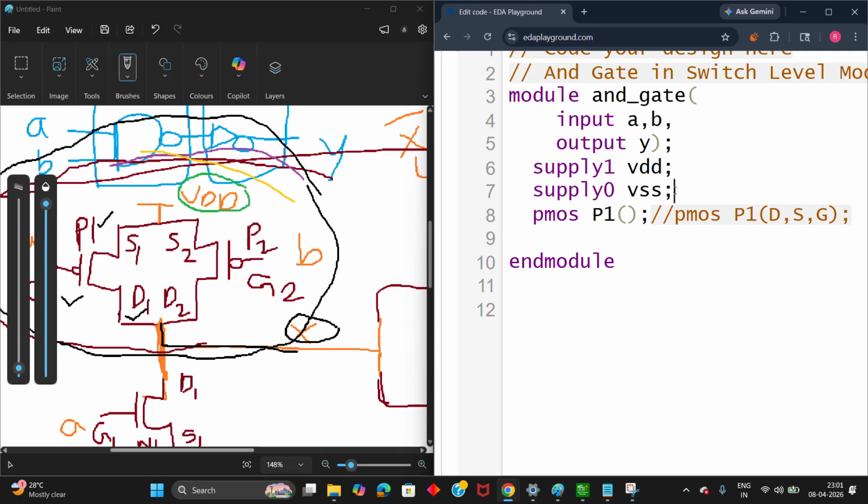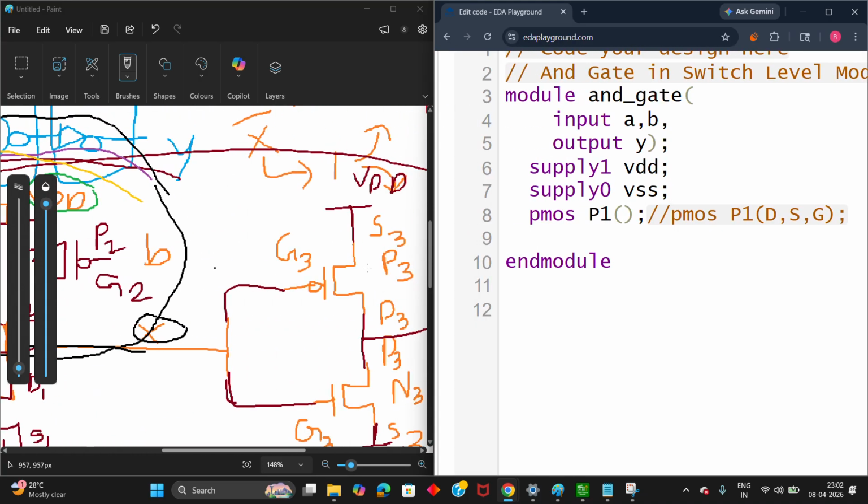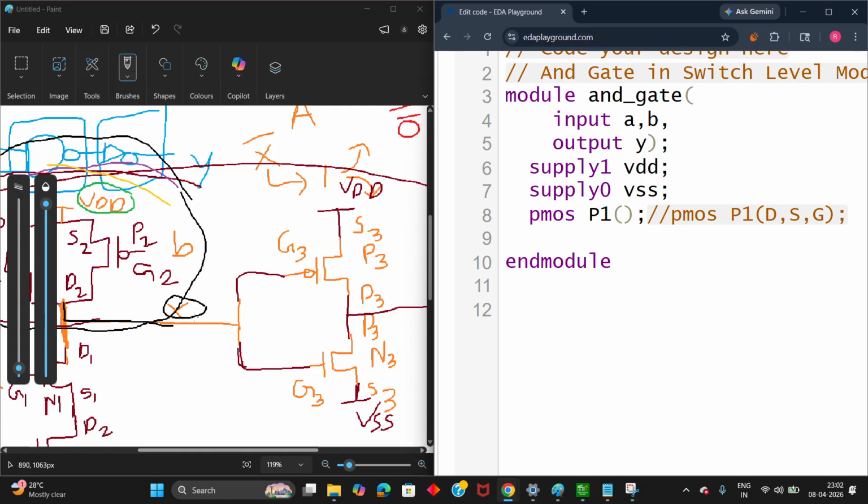How are we going to declare it? As a wire or a reg? Is X a wire or reg? It's a wire, right? X needs to flow to this particular inverter circuit. X is continuously wanted to send the value to the inverter circuit, right? So X will be the wire.